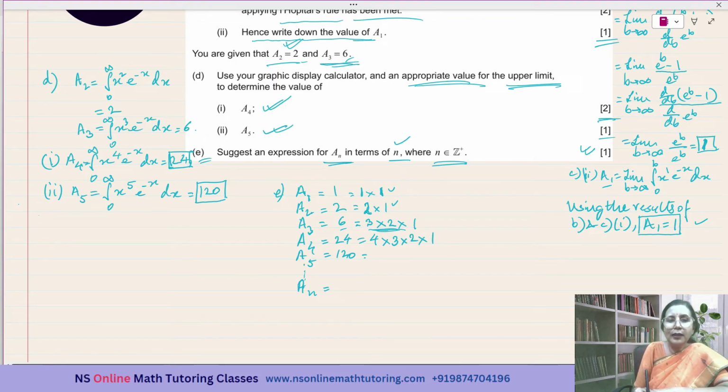Okay, similarly, this one, I have to start with 5. And if you realize, 5 times 24 will be 120. And 24 is having this expression.